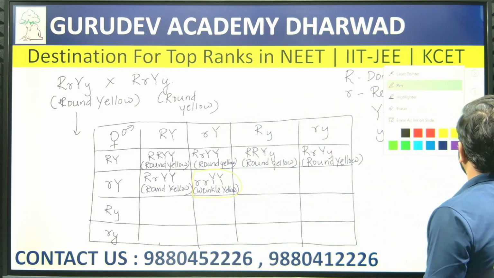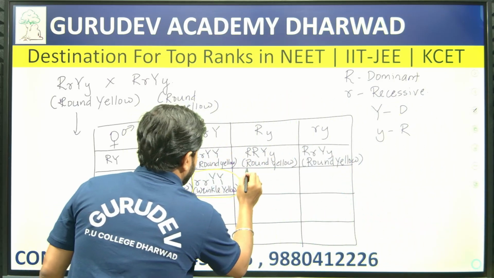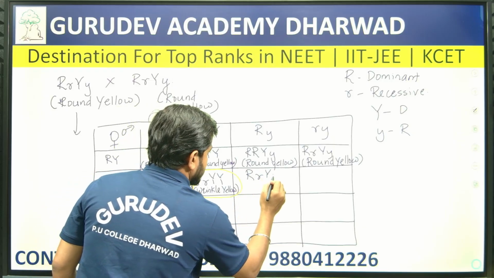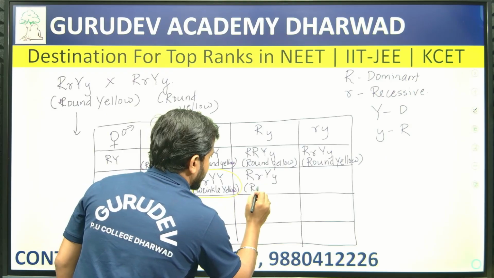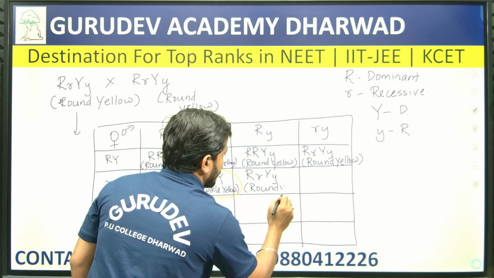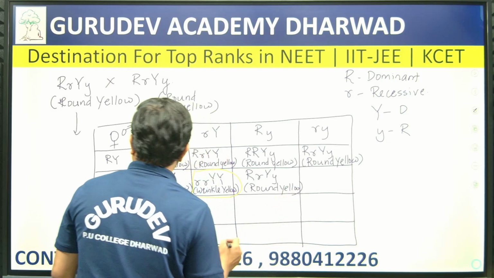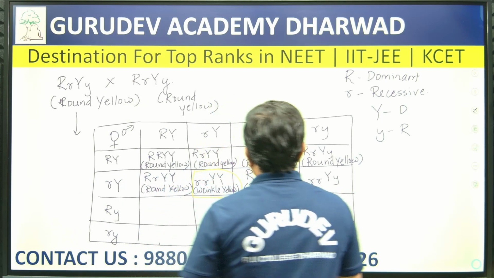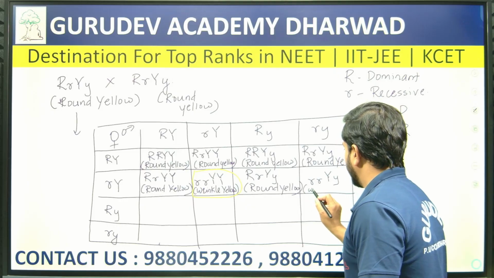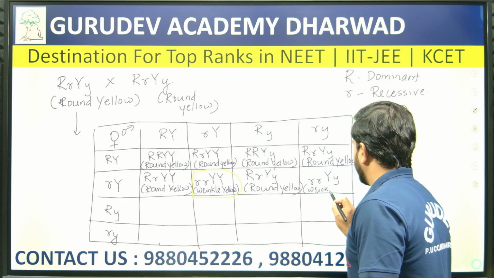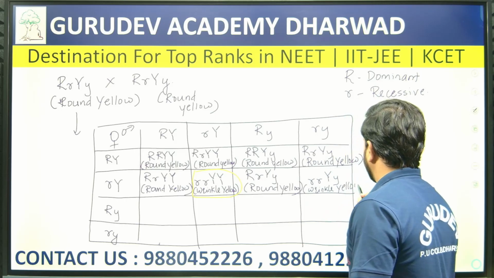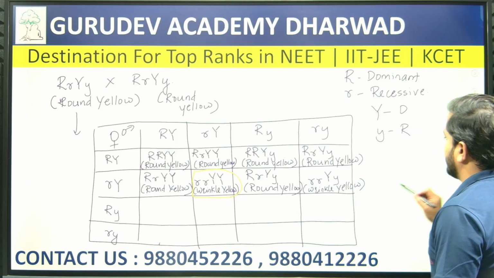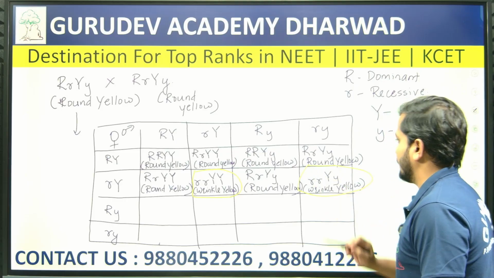Again, if you consider capital R, small r, capital Y, small y, here again I have got round yellow. Then small r, capital Y, small y, here again wrinkled yellow, and I mark it with respect to yellow.